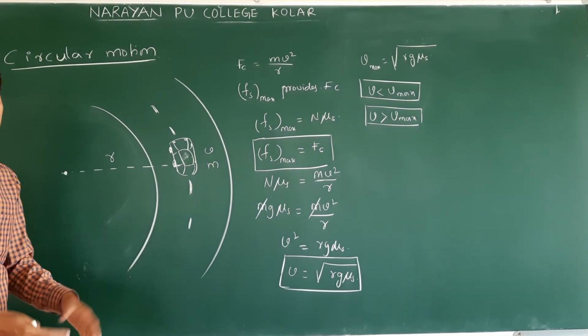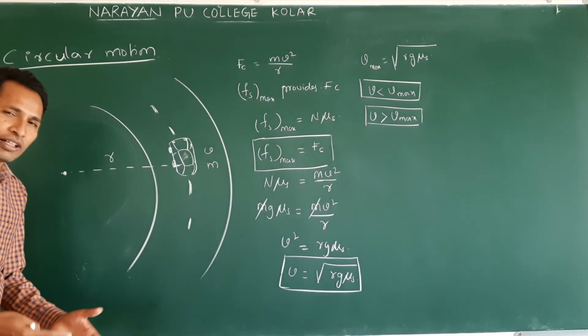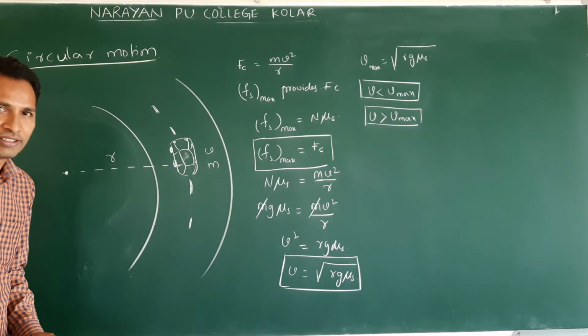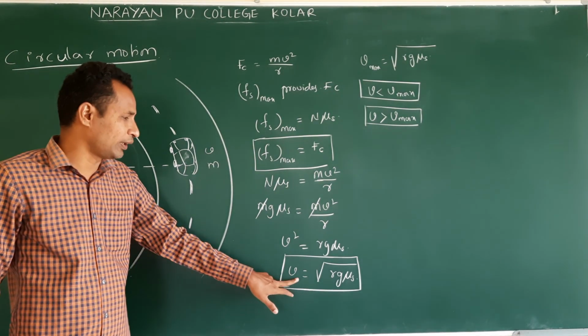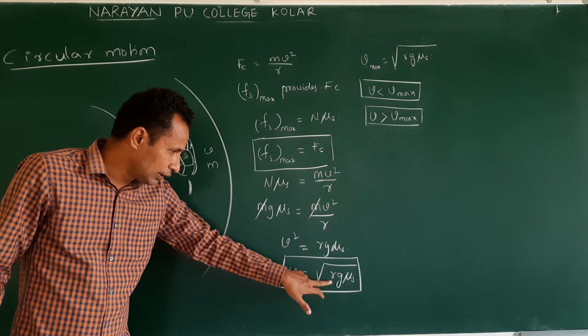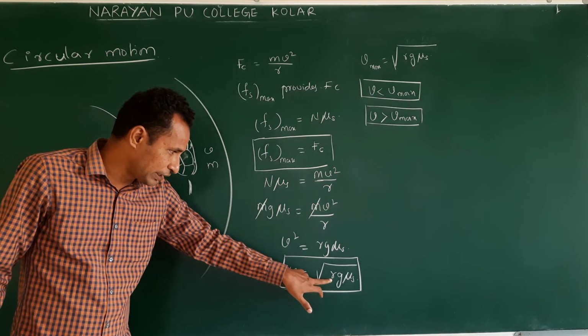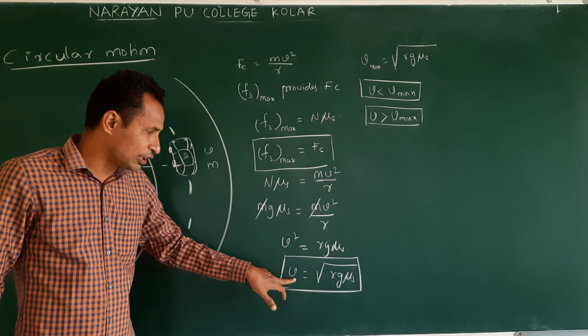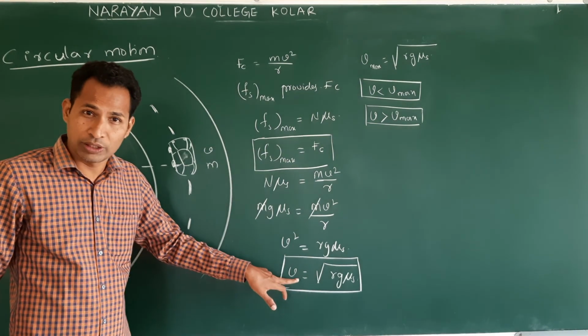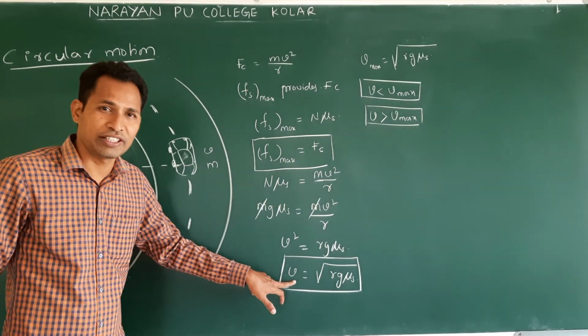No. Knowingly or unknowingly, what do we do? We reduce our speed. The reason is this: if the curve radius is small, the velocity allowed on that road will be small. That's why we reduce it.